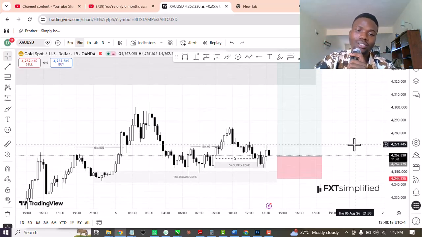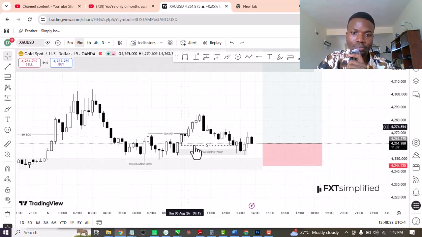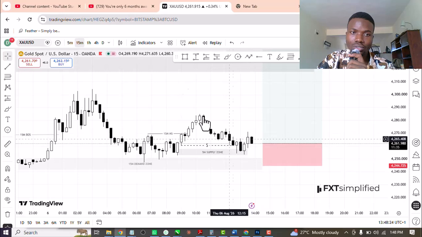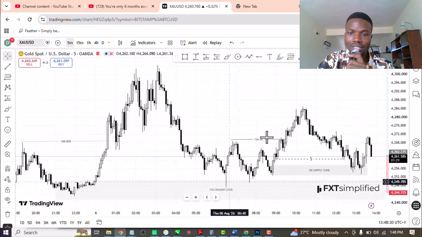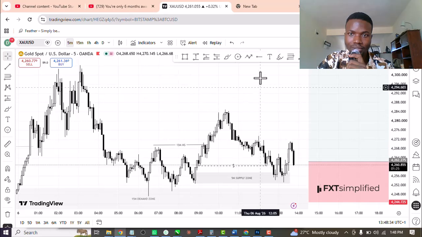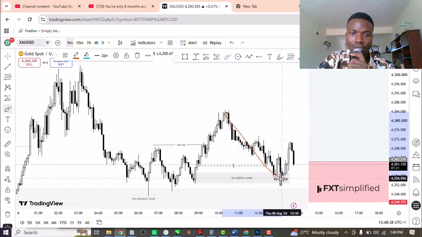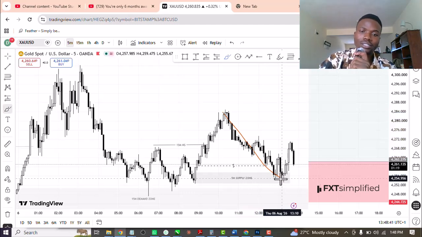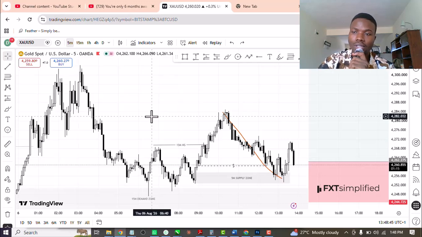You can see that after there was a liquidity sweep below here, if I go down to 5 minutes now, I have seen that aside from this, there is a 5 minute market shift whereby price came all the way down here. After that, can you see that? Okay, hold on.